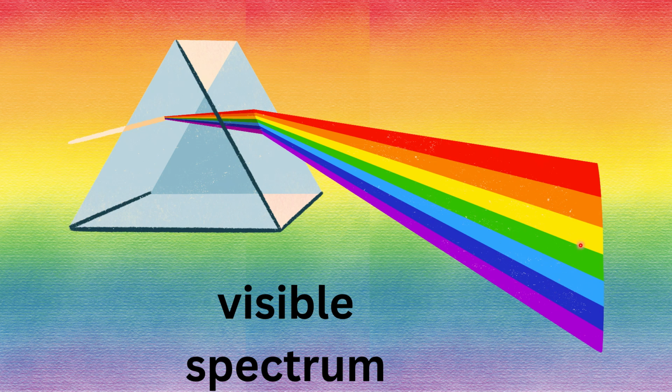The visible spectrum has red, orange, yellow, green, blue, indigo, violet. That is VIBGYOR produced. These are the spectral colors or visible spectrum.